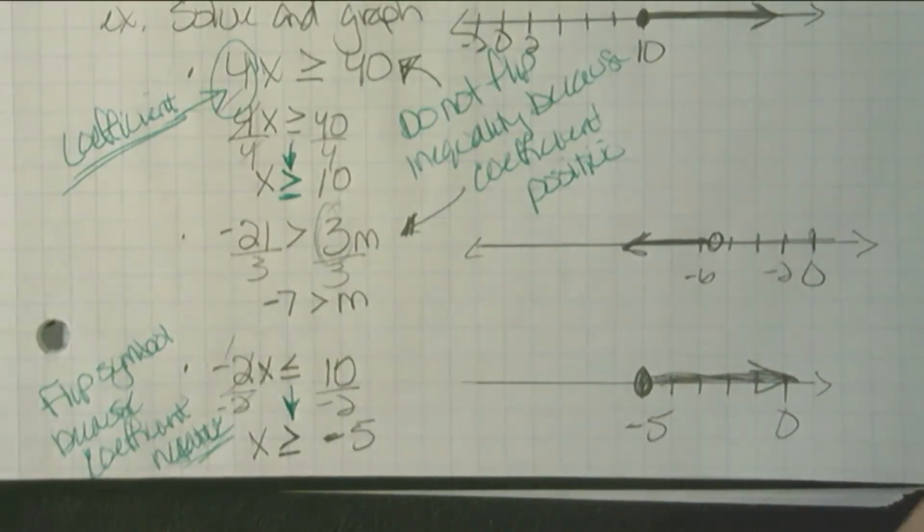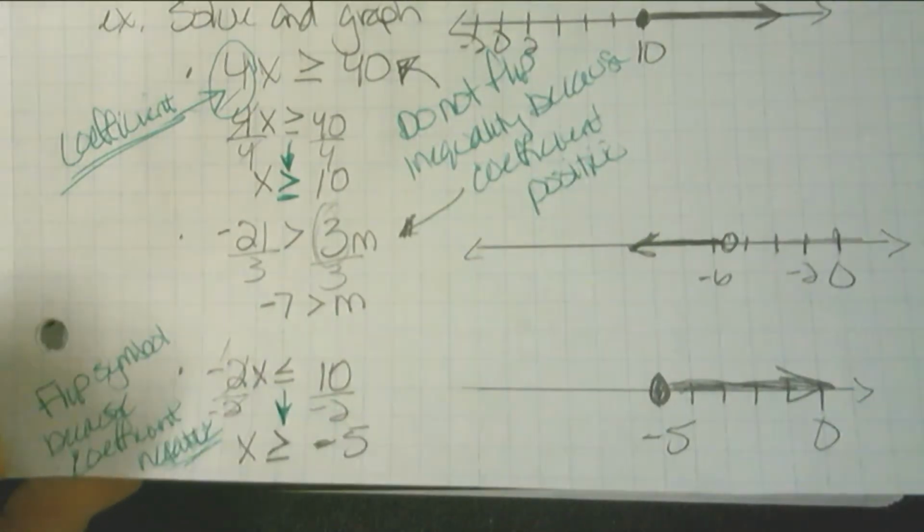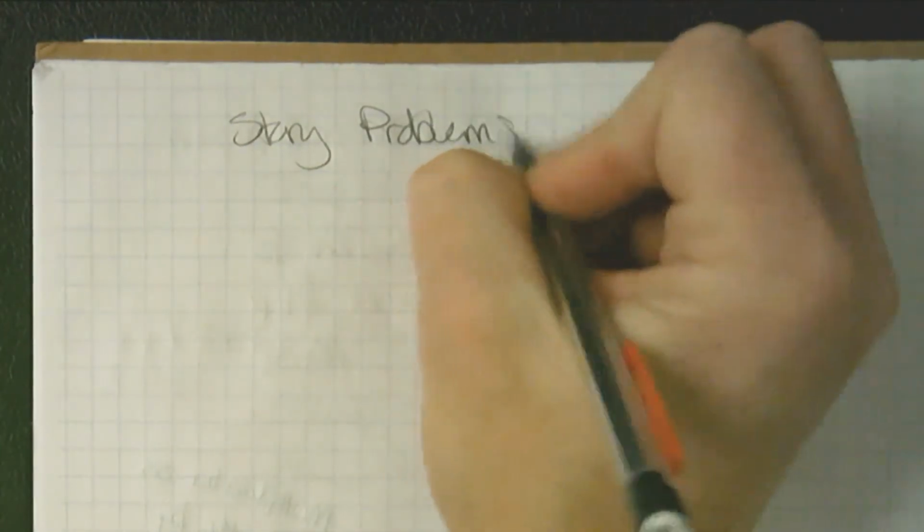All right, let's talk about story problems. How in story problems do I know I have multiplication? What am I looking for? Come on, you guys. In story problems, equations, inequalities, it doesn't matter. What indicates that I have multiplication? Audrey? A rate. All right, so when we're talking about story problems, it's exactly the same thing as equations.